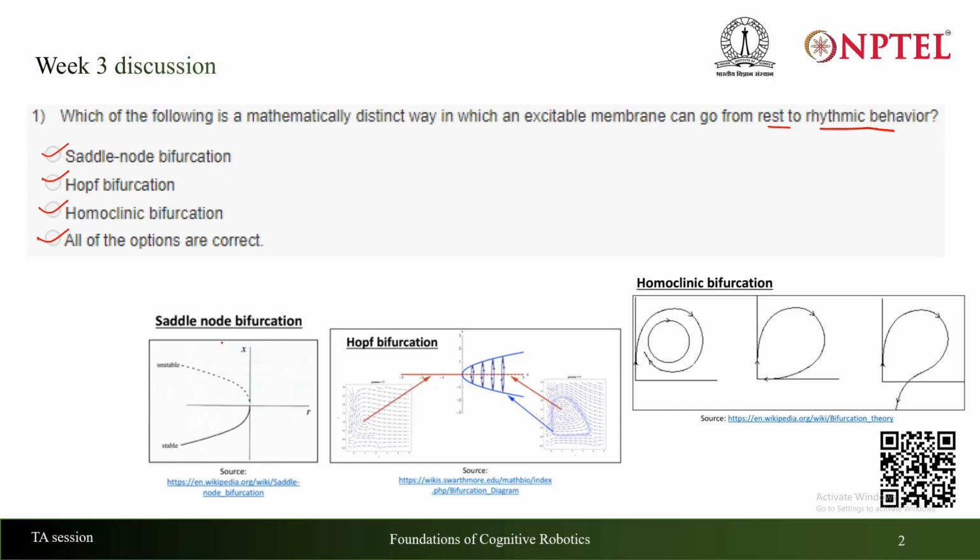This is the saddle node bifurcation, this is the Hopf bifurcation, and the homoclinic bifurcation. It depends on the perturbations and the initial conditions that you provide to the system of equations, and it can bifurcate according to the system parameters into 2 different trajectories. So all of the options are correct for this question.